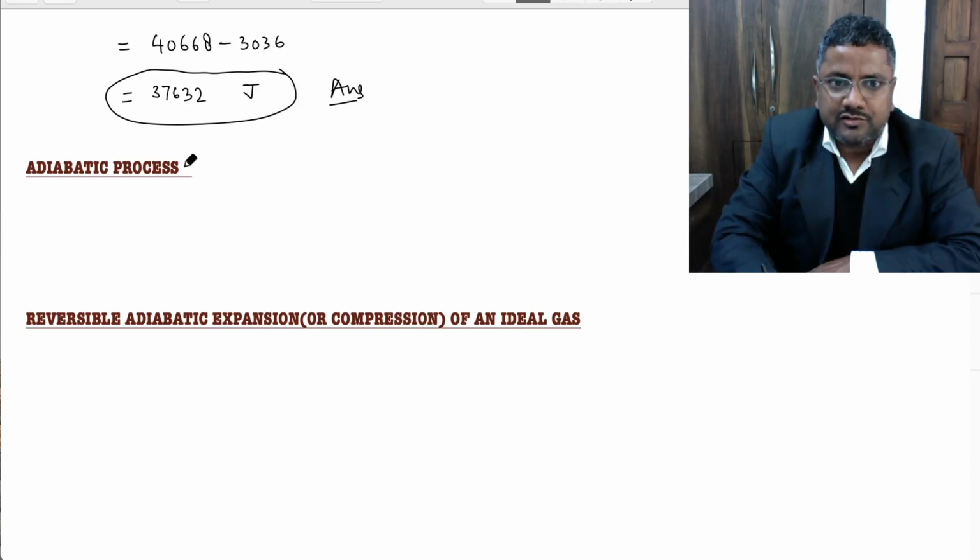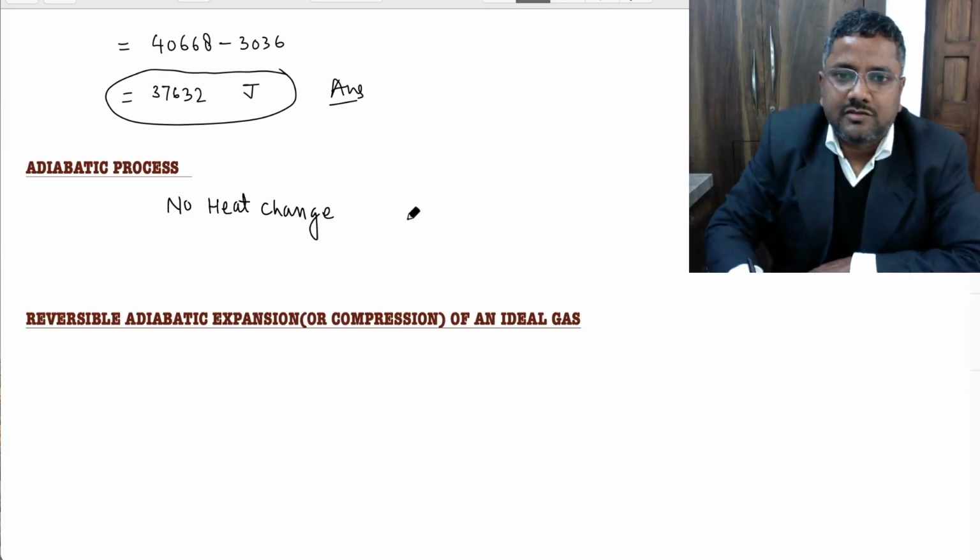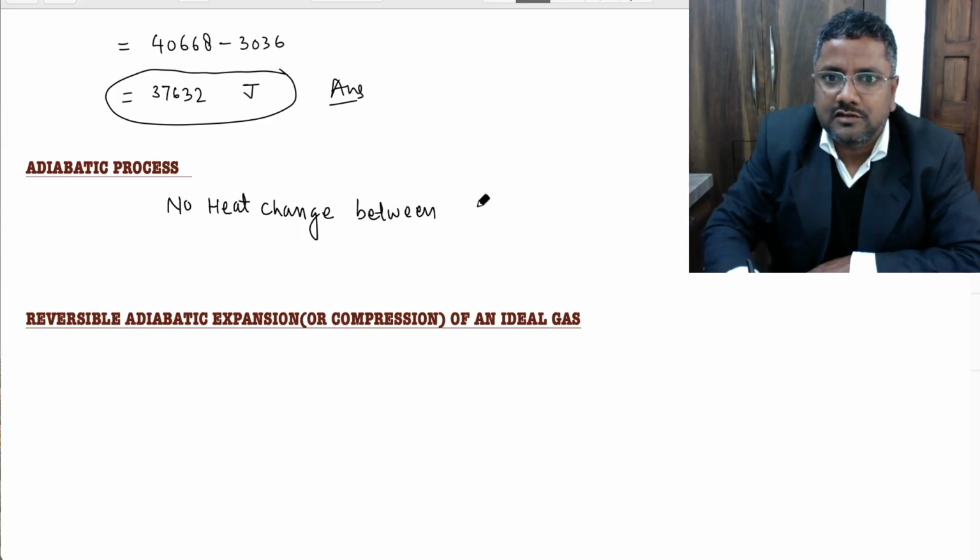See, for an adiabatic process, this is always true that there is no heat change between system and surrounding.